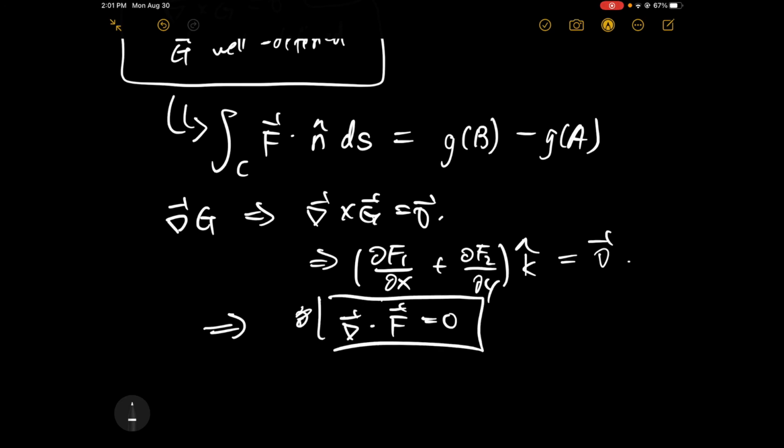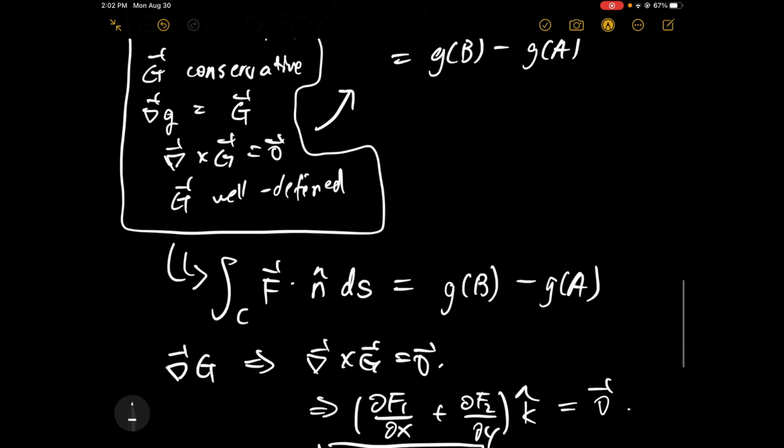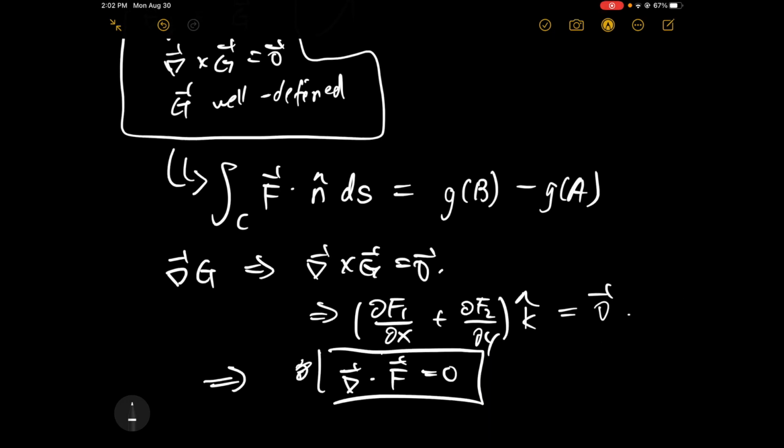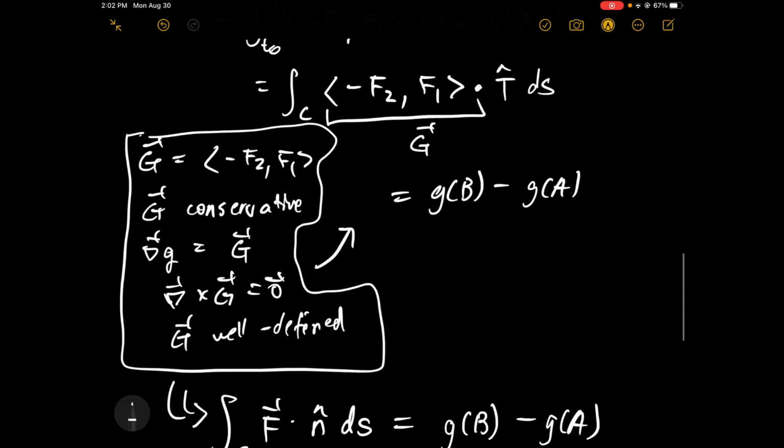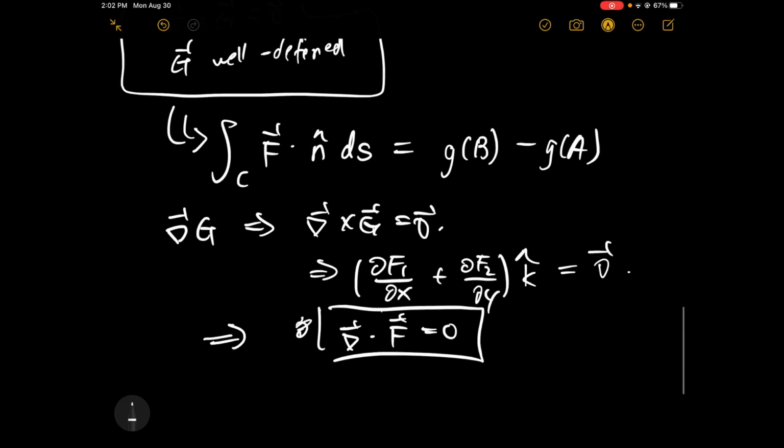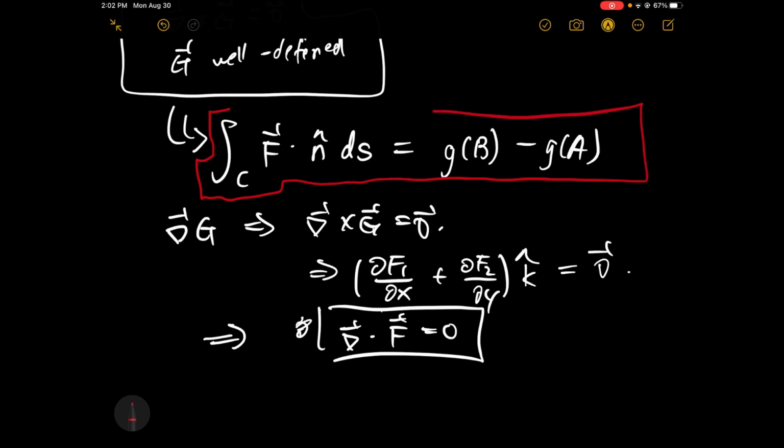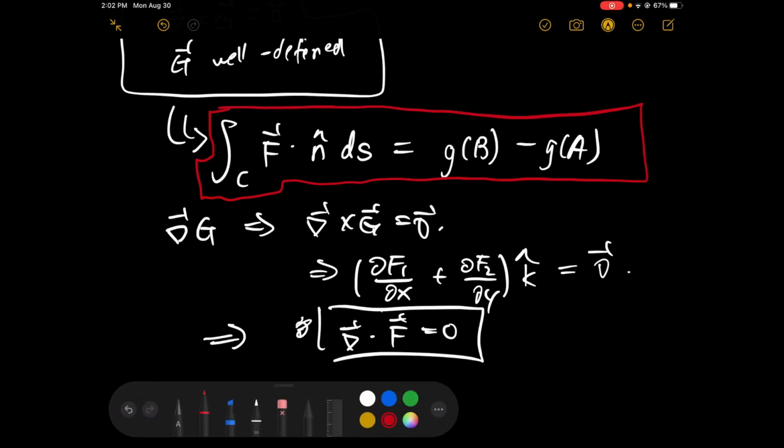And of course, we definitely need to know that F is well defined. Once these two conditions are satisfied, we are able to use this critical fundamental theorem. So let me box this in red for clarity. And that, my friend, is the second fundamental theorem.